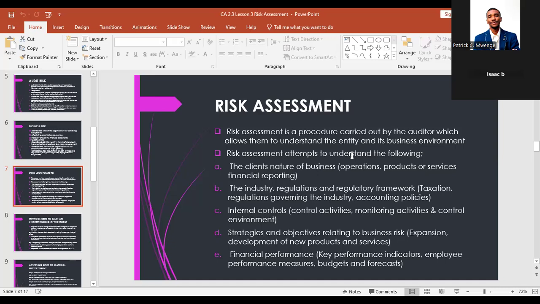So for example, if our client is maybe a store, right? It sells perishable goods. For example, Zambeef, right? So if it's Zambeef, the foods that they sell are perishable.